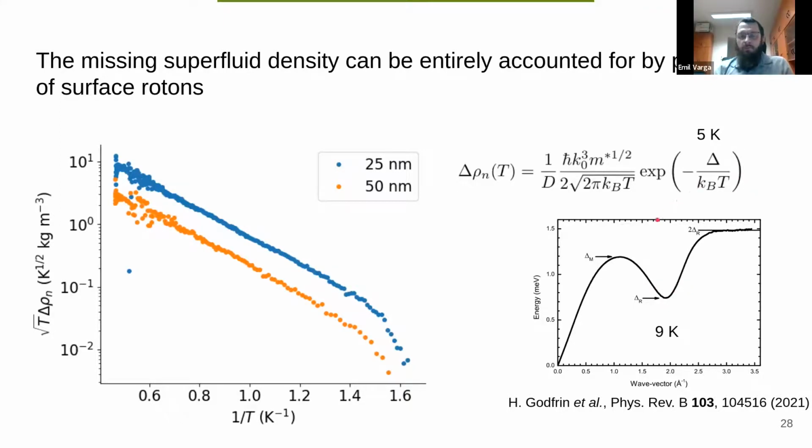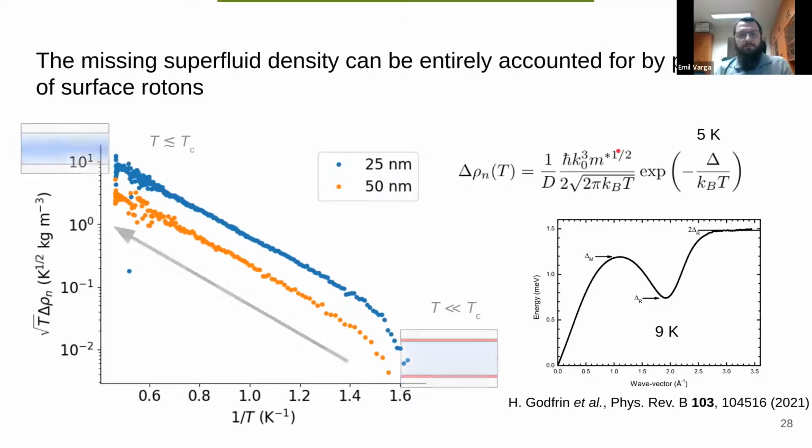With one important difference: in bulk, the roton gap observed by neutron scattering in this paper was about 9 Kelvin, and that's the typical value. Our data show about 5 Kelvin.